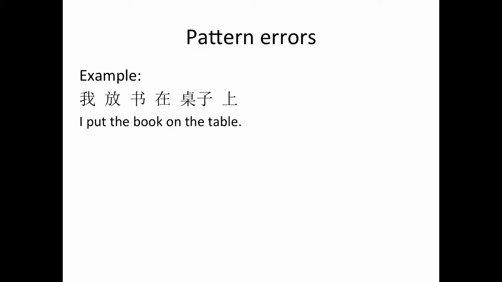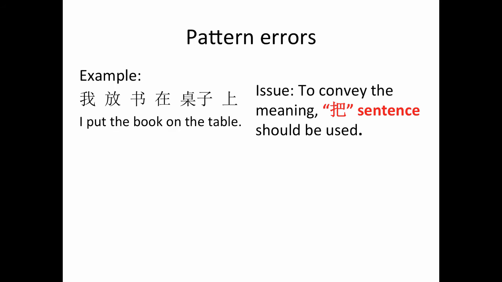In this sentence, 放 is the verb, 书 is the object, 在桌子上 is a location phrase. This sentence is problematic because in Chinese, if you want to convey the meaning about 我放书在桌子上, you must choose 把 sentence.